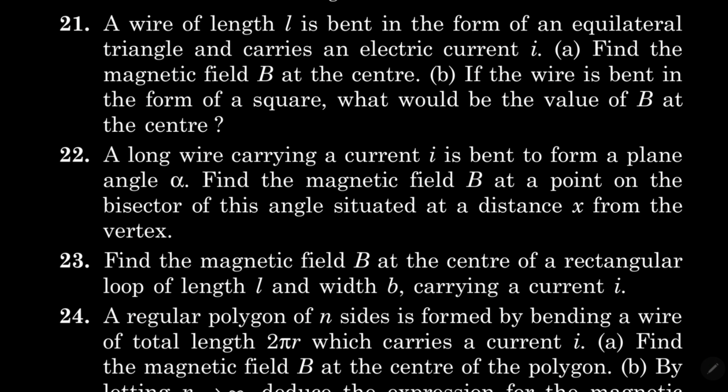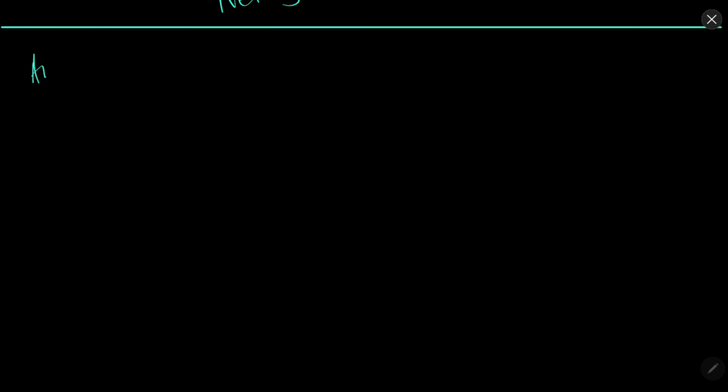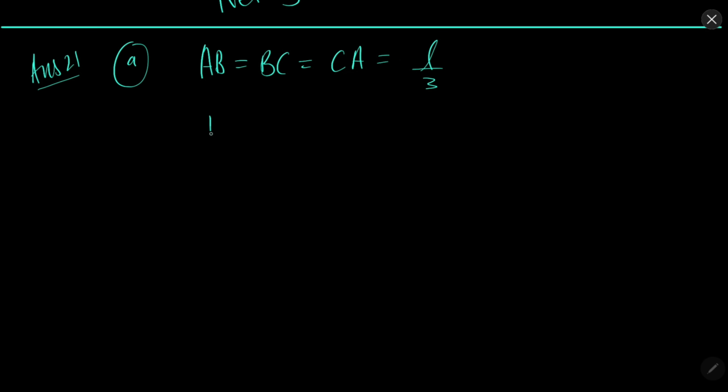In 21, find the magnetic field B at the center where the wire is bent in the form of a square. What would be the value of B at the center? Solution 21, A part, equilateral triangle, all sides equal. Current is I, so AO equals root 3 by 2 A by the property of an equilateral triangle.